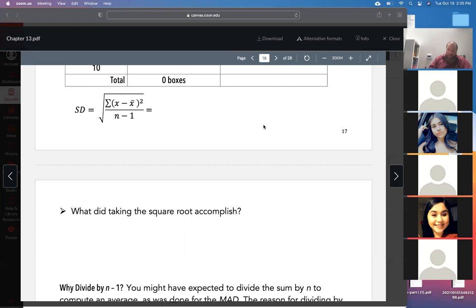So if I square root feet squared, what do I have now? You have feet. I'm back to feet. So square rooting brings us back unit-wise to the original. That's why we do it.